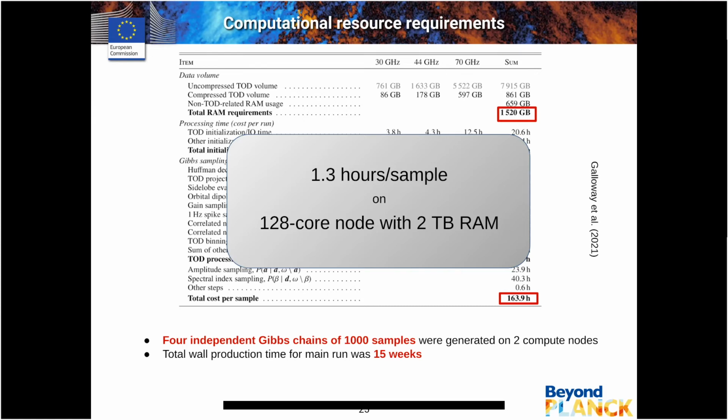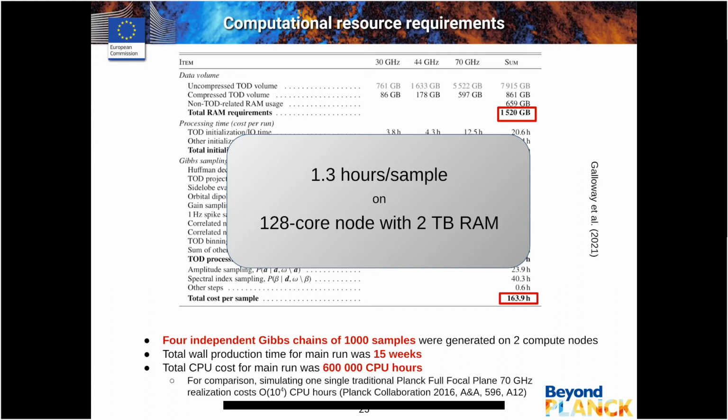The total CPU cost was about 600,000 CPU hours, which, when you compare with the Planck DPC analysis, for instance, one single realization of the full focal plane simulation set for Planck costs about 10 to the 4 CPU hours, and that was not counting any of the actual analysis.